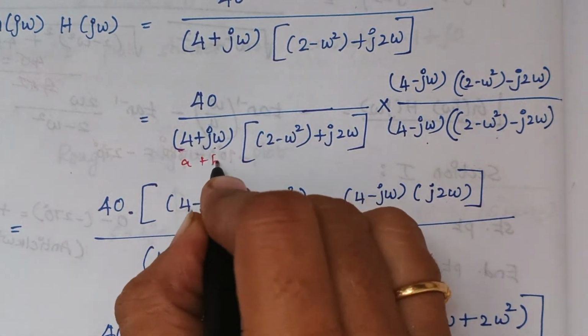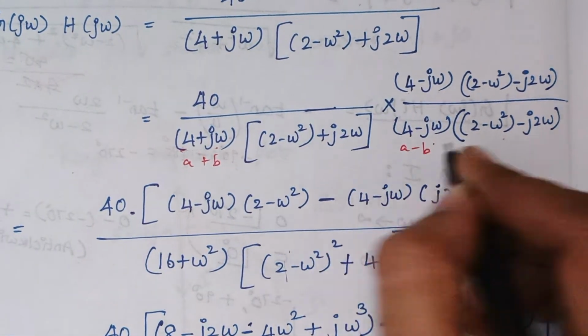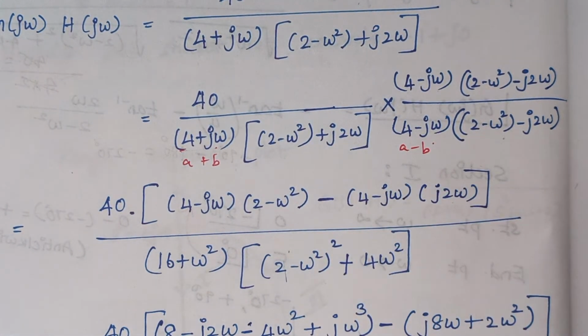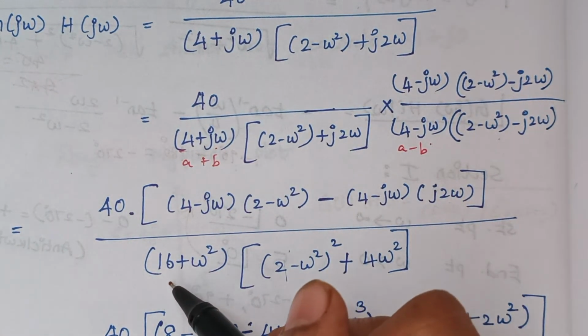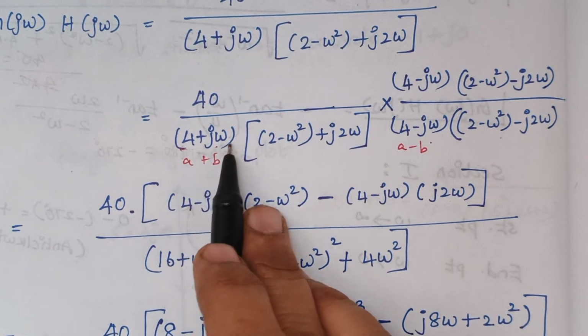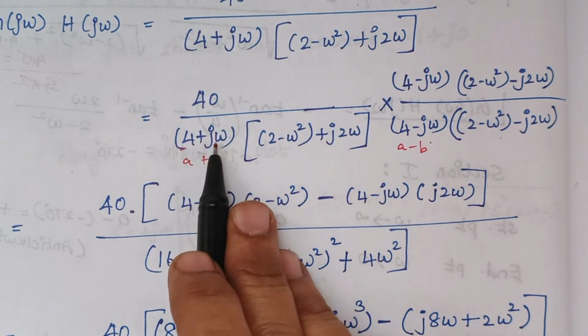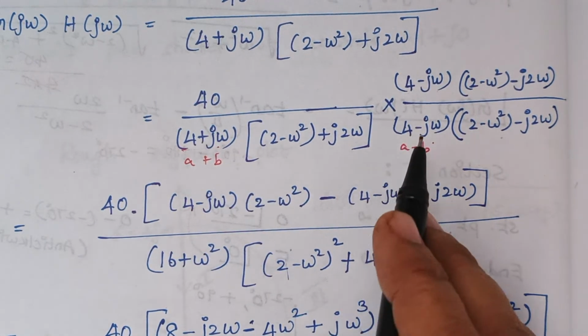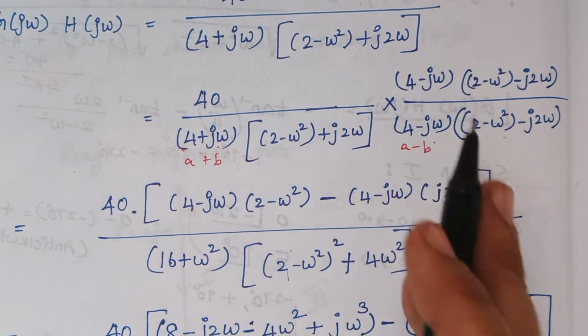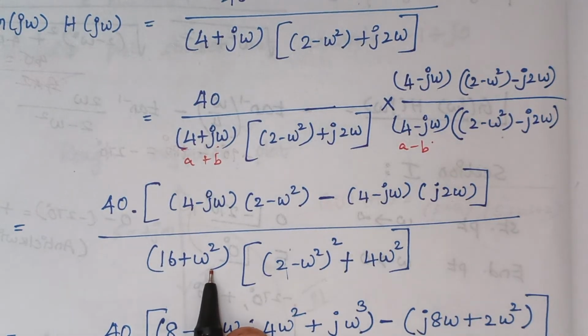This is of the format a plus b and this is of the format a minus b. So what is the formula? It is a square minus b square. So a square is 4 square, which is 16, and j omega whole square will give you minus omega square, but here we are having another minus. So minus into minus will become plus. So here I am having plus omega square.